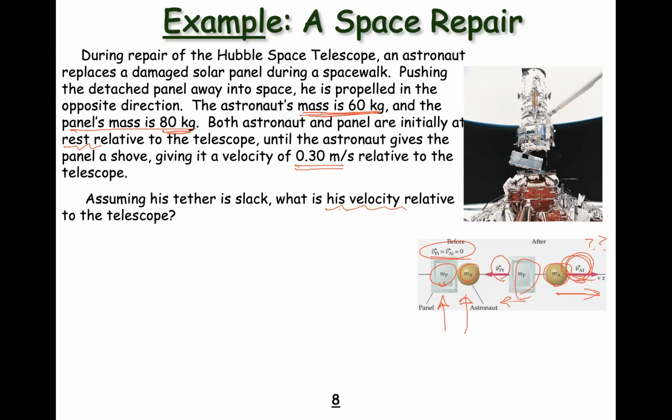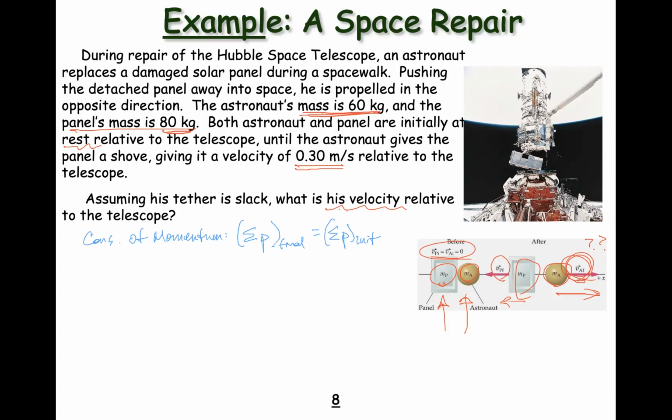The way we do that is use a statement of conservation of momentum. Using the formula from the last slide, we add up the momenta of all of the objects after the explosion happens, and set that equal to the sum of the momenta of all the objects before the launch.